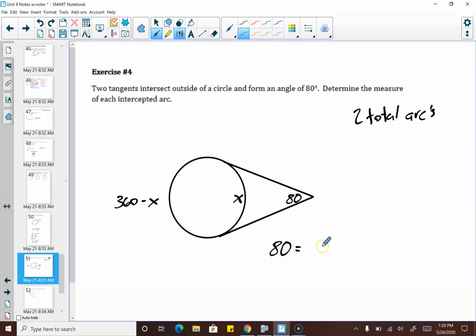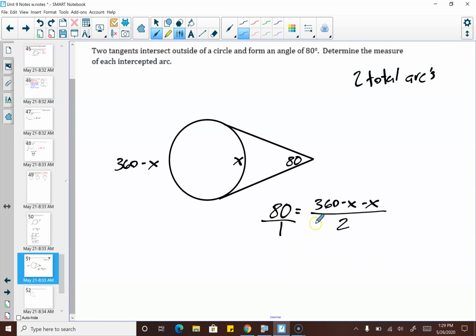So our angle is equal to big arc, so 360 minus x, minus the smaller arc, so minus x, over 2. Now again, all of our x's are in our fractions, so we're going to end up cross multiplying. So 80 times 2 is 160. Here, we're going to do negative x and negative x to get 360 minus 2x, okay? We will subtract 360 on both sides. That will give us negative 200 equals negative 2x.